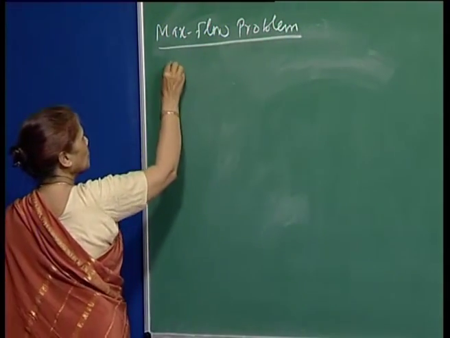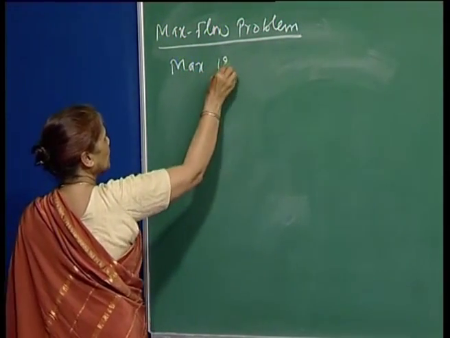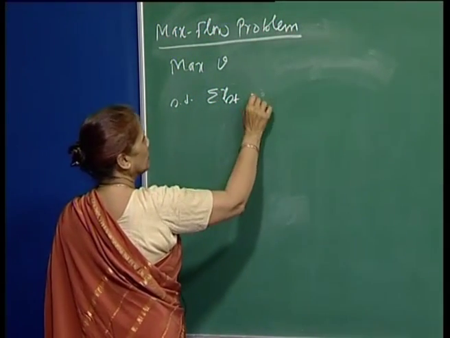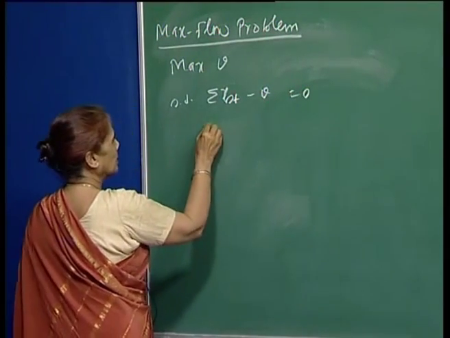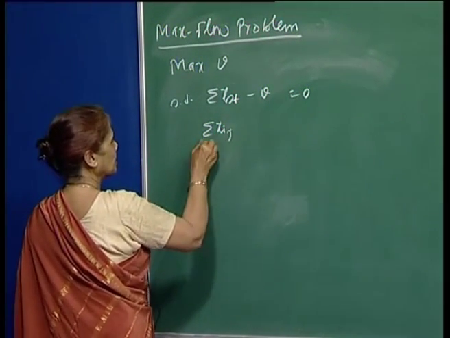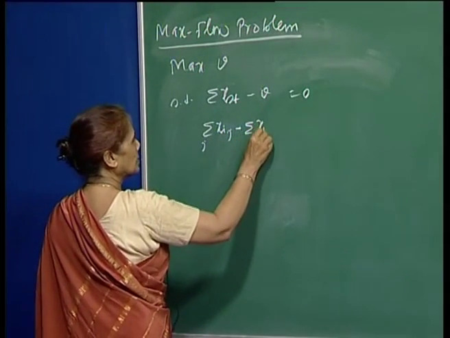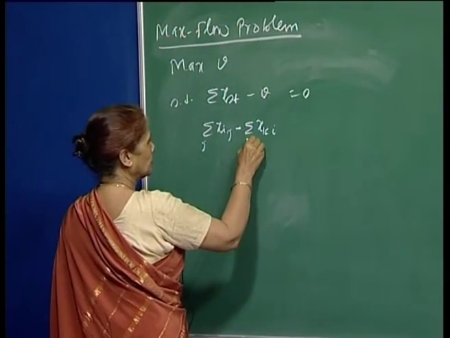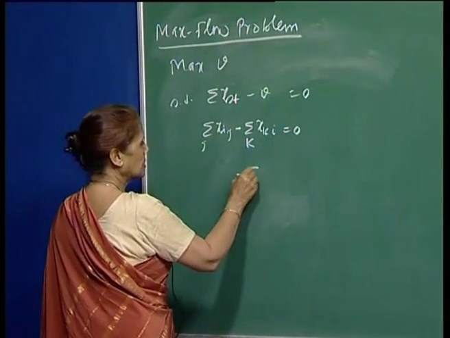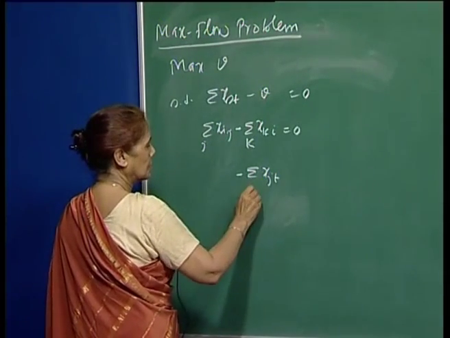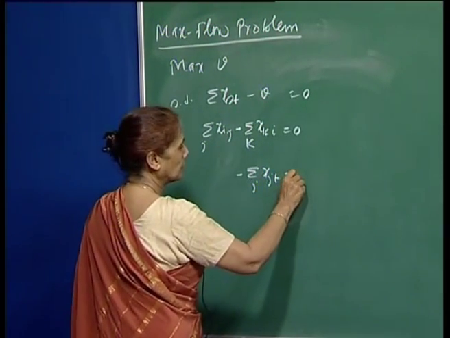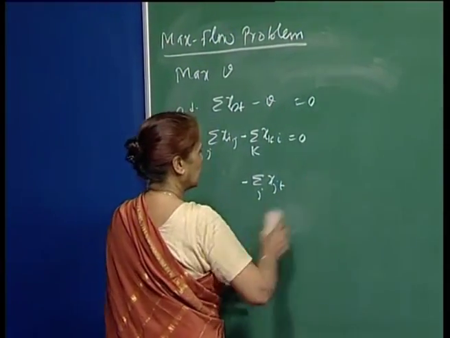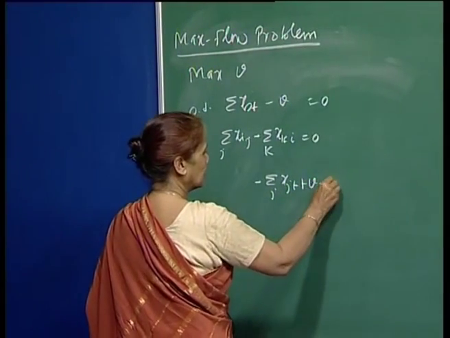Our formulation was: maximize V subject to sigma x_st minus V equal to 0, then summation x_ij over j minus summation x_ki over k is 0, because you are talking about node i, and then minus summation x_jt over j equal to minus V. Since we are writing it on this side, let us make it plus V is 0.